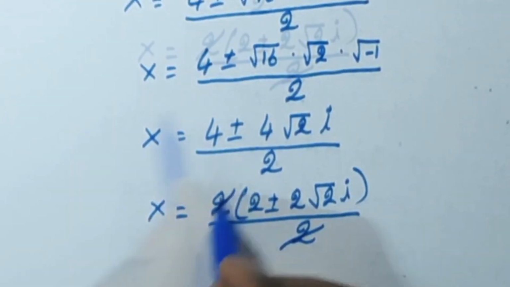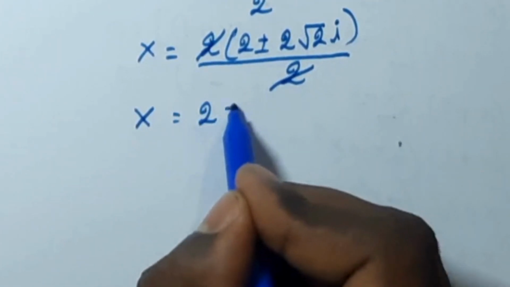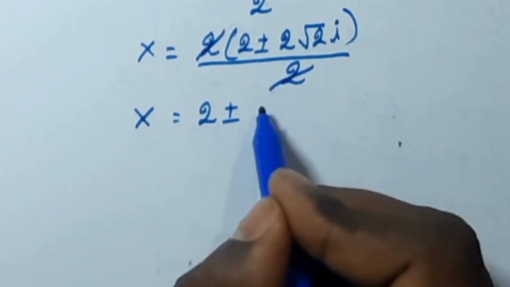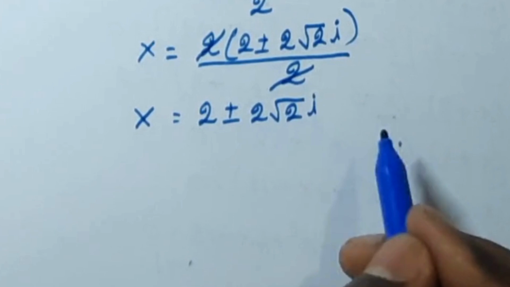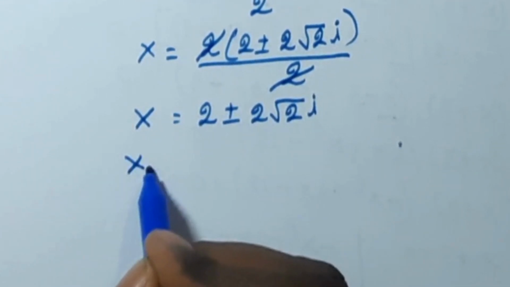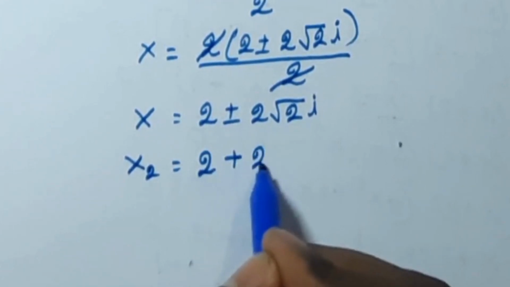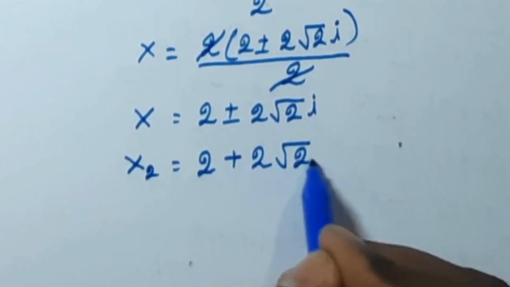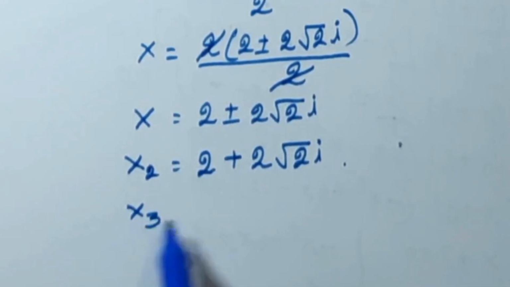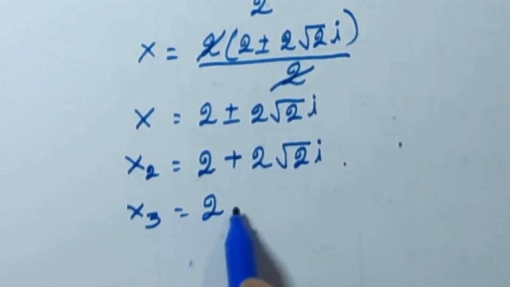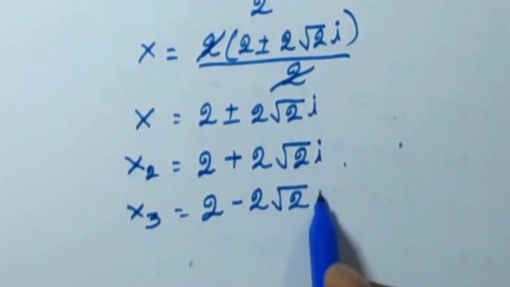This 2 cancels this, so we have x equal to 2 plus or minus 2 square root of 2i. This is the first. x2 equal to 2 plus 2 square root of 2i, this is x3, 2 minus 2 square root of 2i.